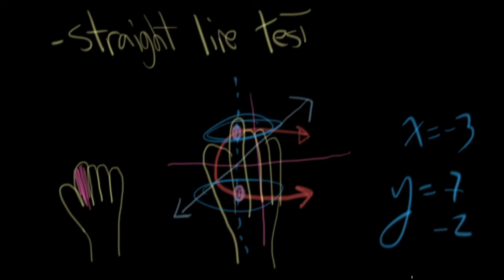Who knows? And that means one input has 2 outputs. You can't have that. That's what that means as a picture. So that's kind of important, and really that's how you tell if things are functions or not. Use a straight line test. One input has to have exactly one output, and you're good to go.